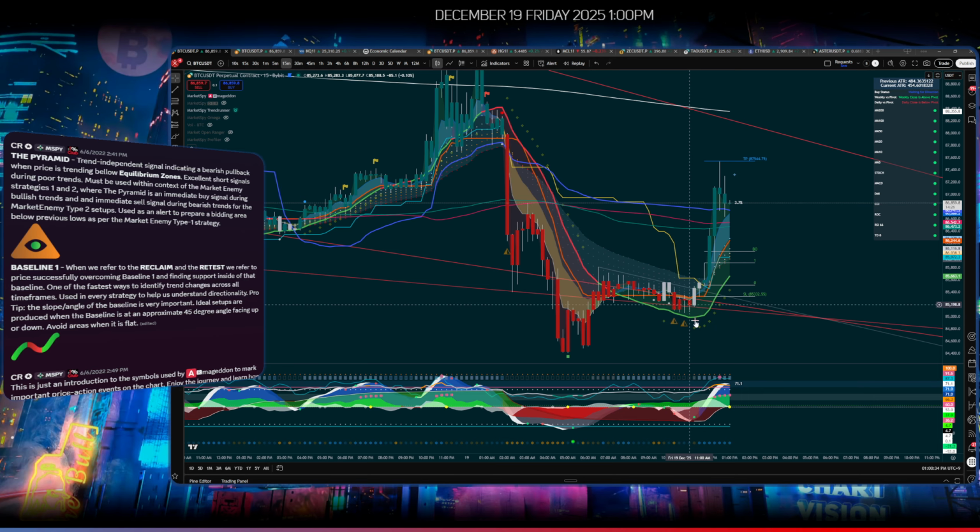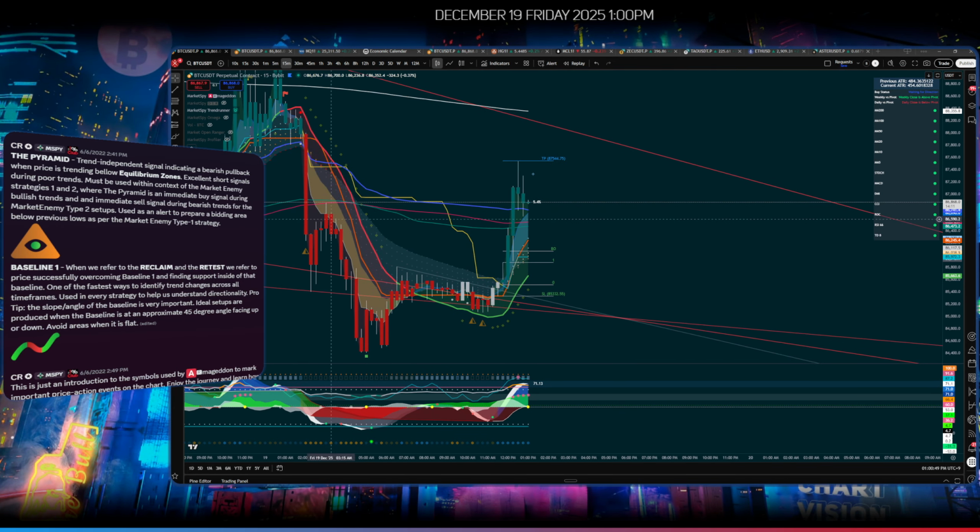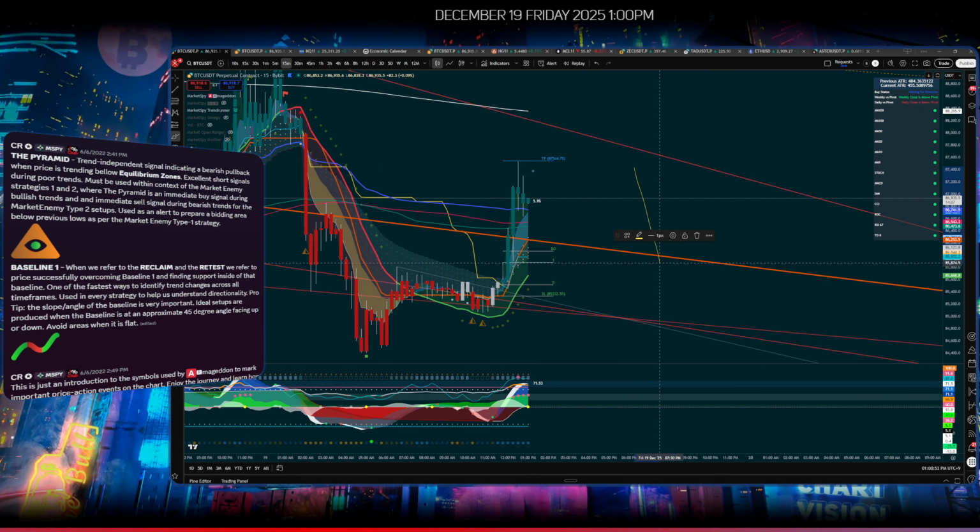So let's begin from here. Number one thing that you have to remember, please write this down, is that we are going to be looking at a pattern, it's a well-known method of understanding price action.